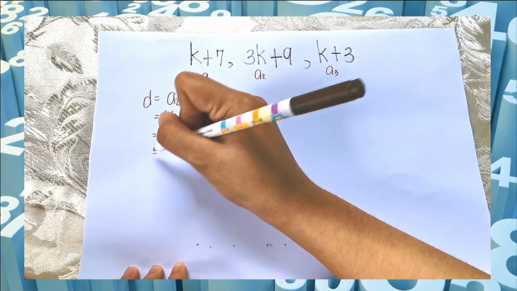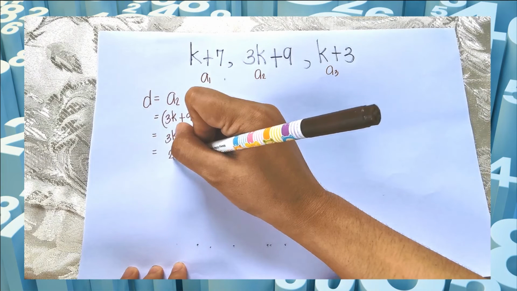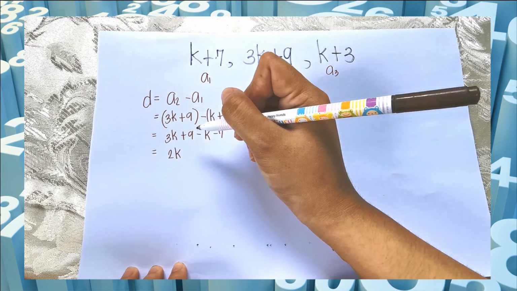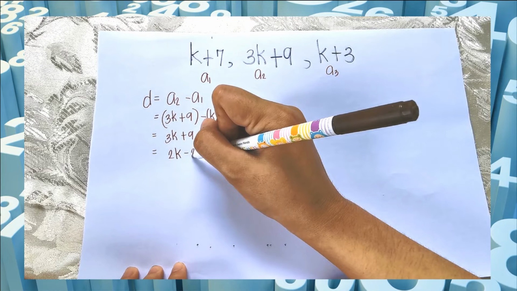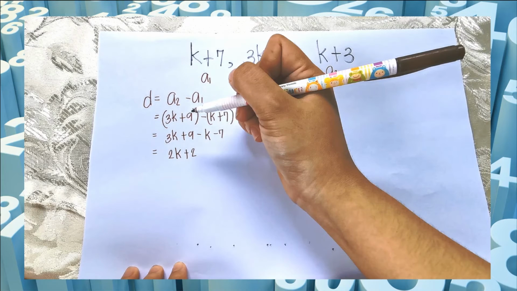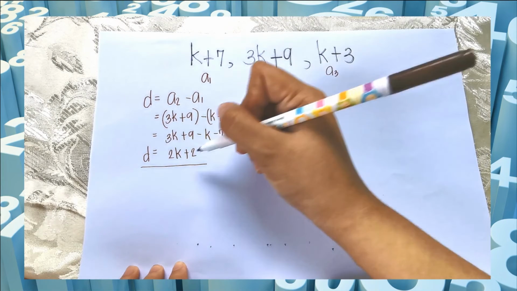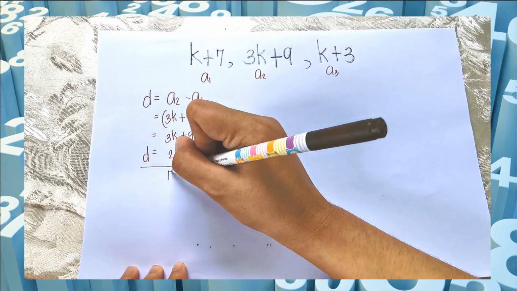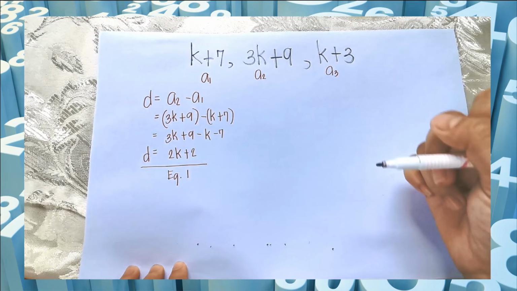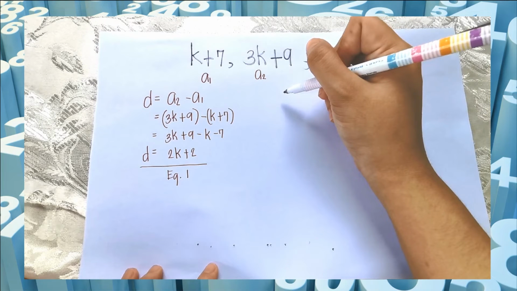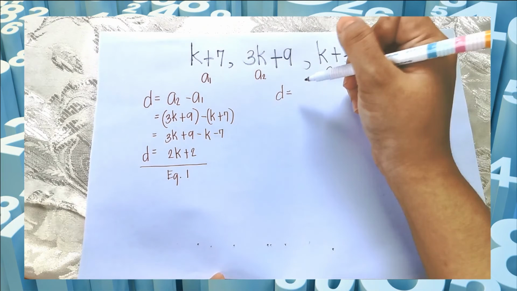Combining like terms, we have 3k minus k equals 2k. 9 minus 7 equals 2. Therefore, d equals 2k plus 2. Since we are looking for the value of k, and we do not have a definite or exact value for the common difference, let us note this as equation 1.